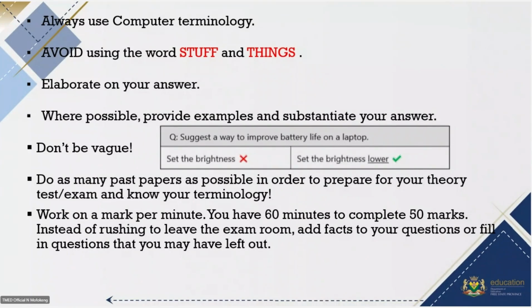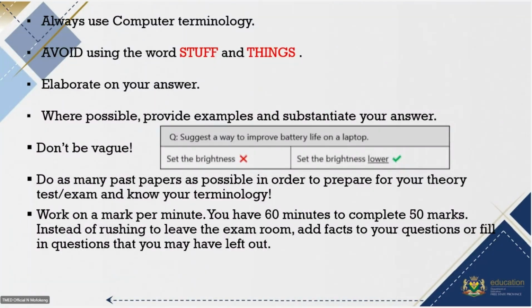For an example, if the question says suggest a way to improve battery life on a laptop, we don't just answer by saying set brightness. How do you set the brightness? You must set the brightness lower, because even setting the brightness higher, it's still setting the brightness, and setting the brightness higher will not actually assist in improving your battery life.